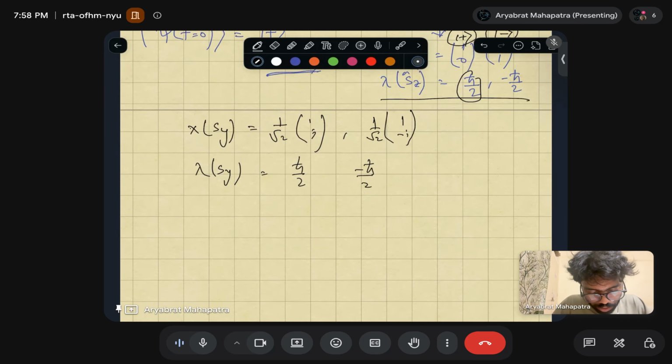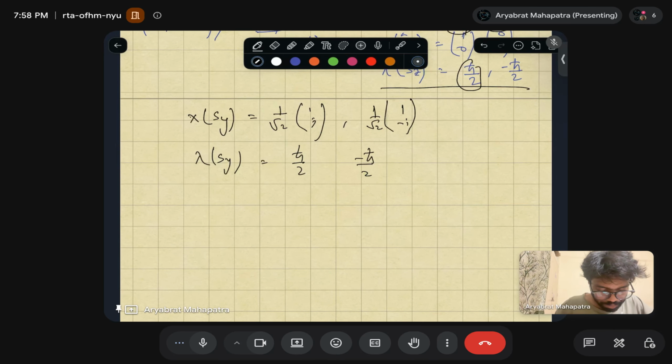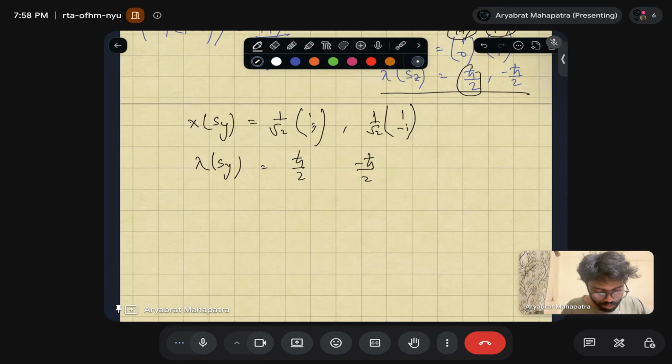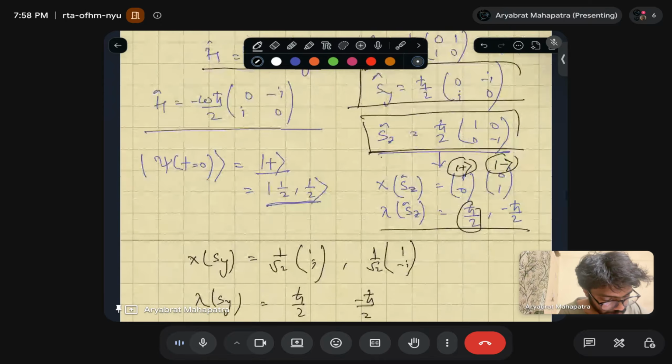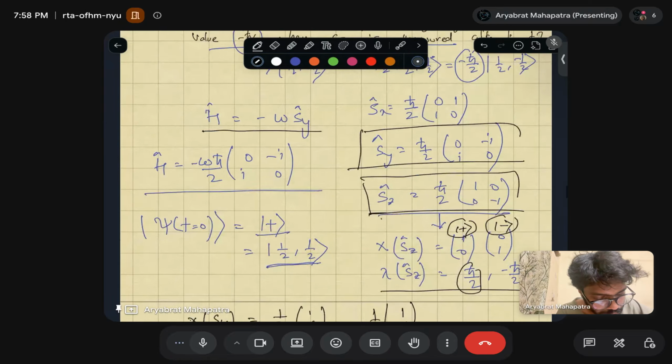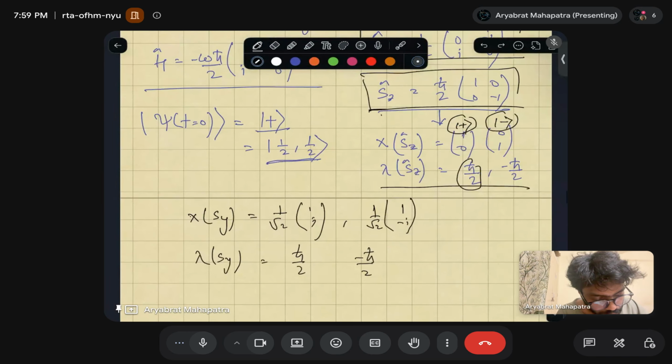So now what it means is that if you are measuring the Sz value in this Hamiltonian, so you are measuring the spin of the particle whose Hamiltonian is given by this, then the outcome you are getting is plus.